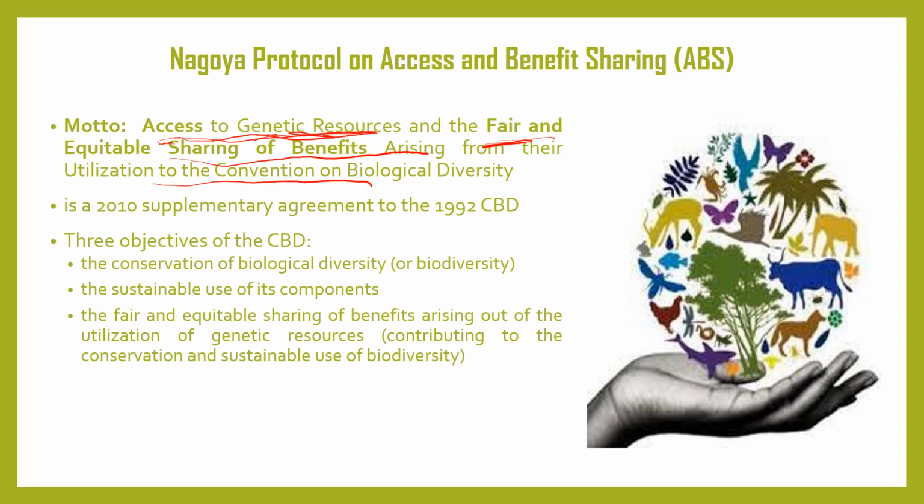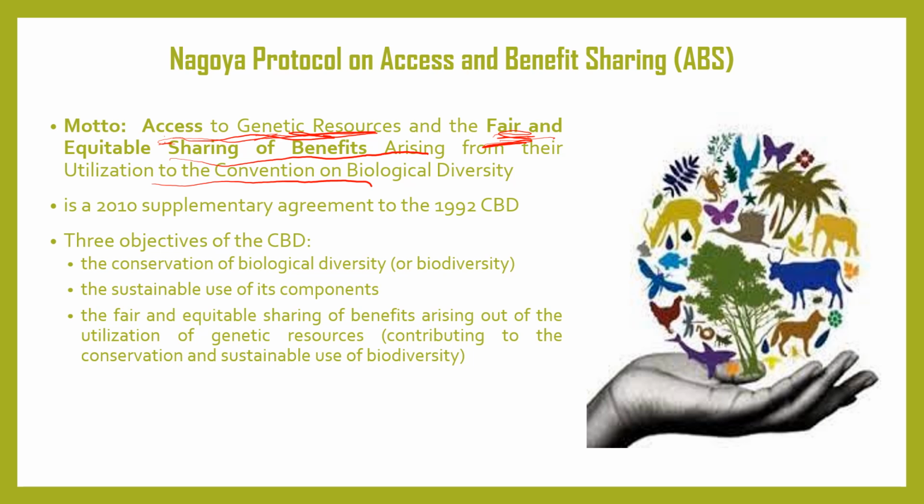They will be commercializing it to make more medicines, and the commercial benefit will also be equally shared. That is, 50% of the commercial benefit will be shared with the country of origin of that genetic resource. So this is fair and equitable sharing of the benefits.